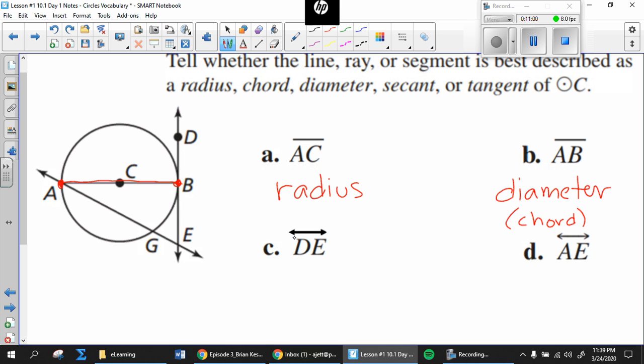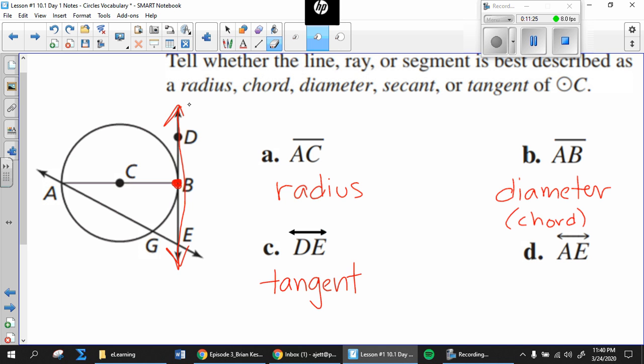Next, line DE. Now we're looking at a line, not just a segment, so it goes on forever. Line DE is this line here. We want to look at how many points it intersects the circle. Really, if I had drawn my line straight, it only intersects the circle at this one point, point B. And so that is a tangent.